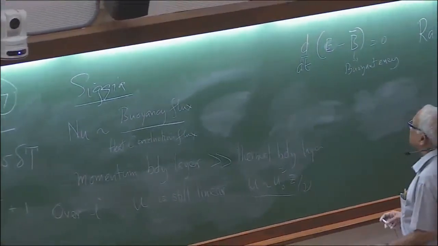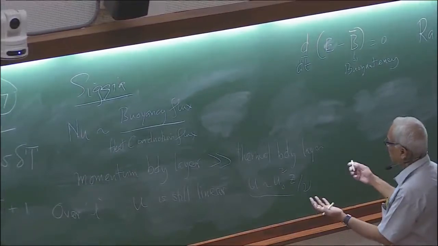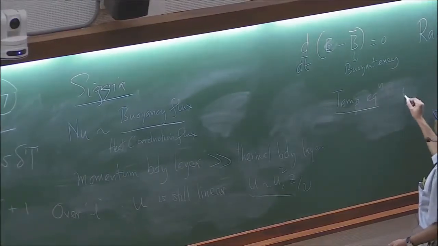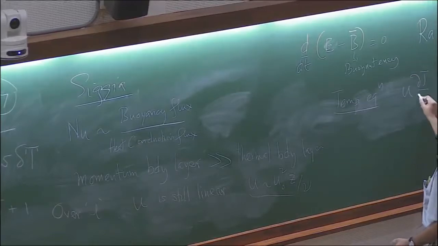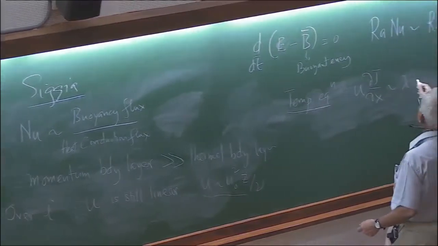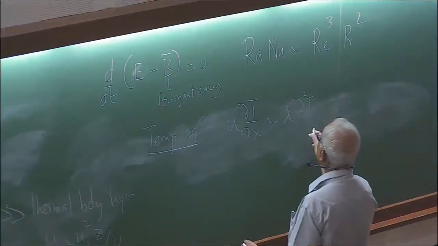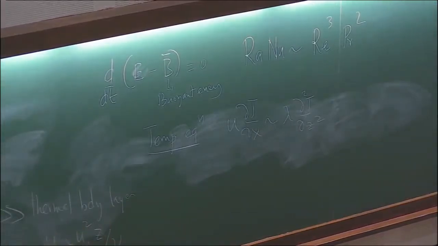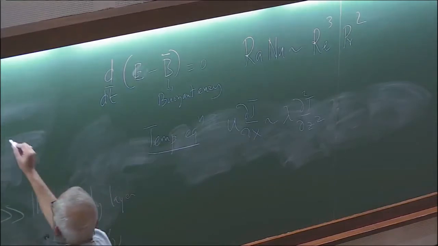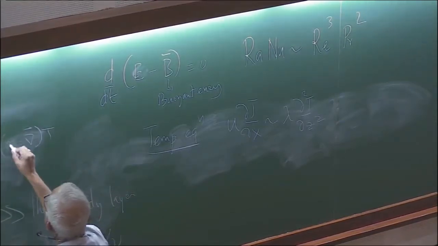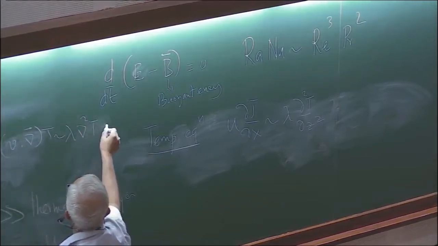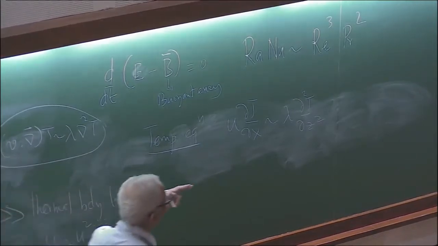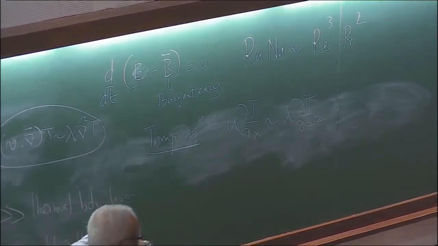And what is the temperature balance? The temperature equation in the boundary layer, in the presence of this u, is u del T del X goes as lambda, the thermal conductivity, times del squared T del Z squared. Essentially we are looking at v dot del T going like lambda del square T, the temperature variation primarily in this diffusive part along the Z direction, that's the dominant term.